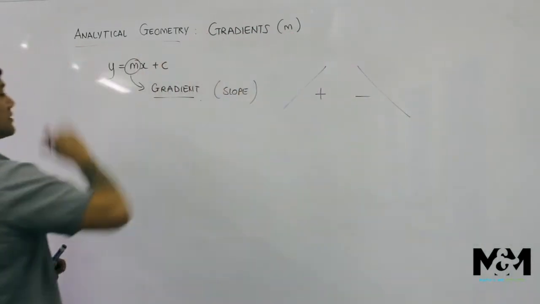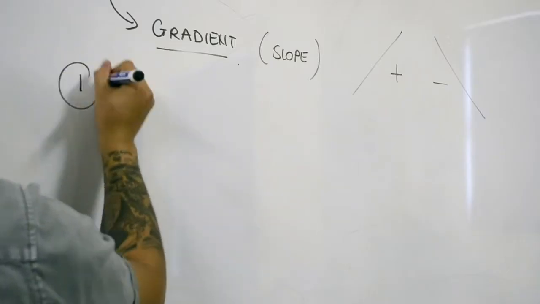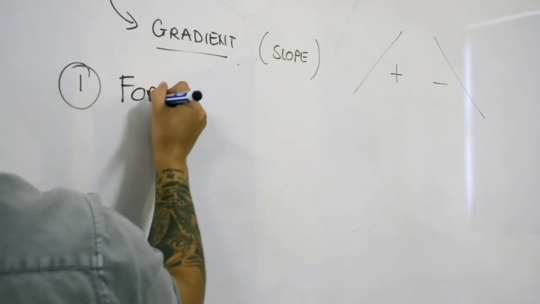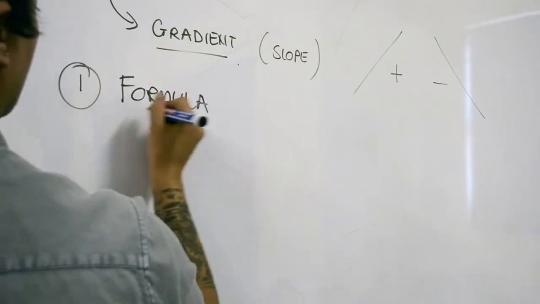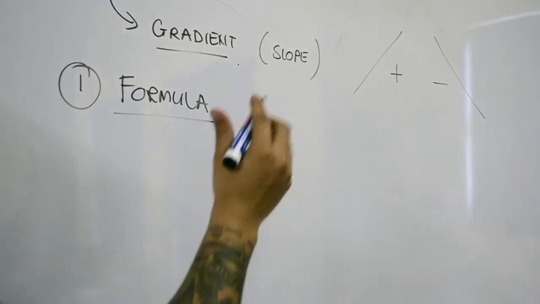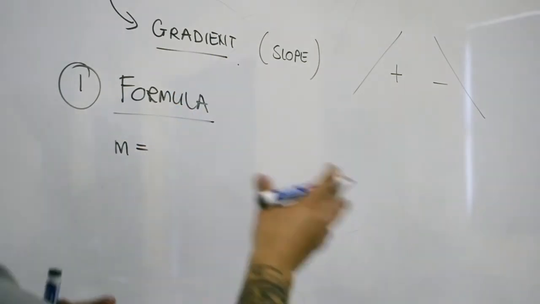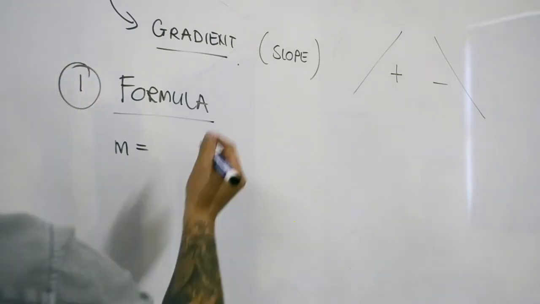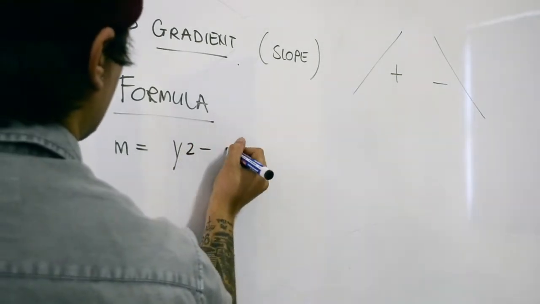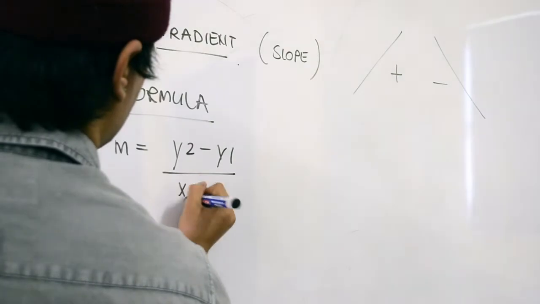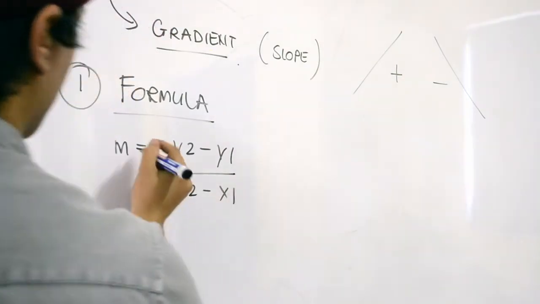Right, so gradient, slope. The first way is the traditional way that we're all familiar with, the gradient formula. Given 2 coordinates on a line segment, we'll be able to find the gradient of that line. All we'll do is say that the change in y over the change in x will give me my gradient.